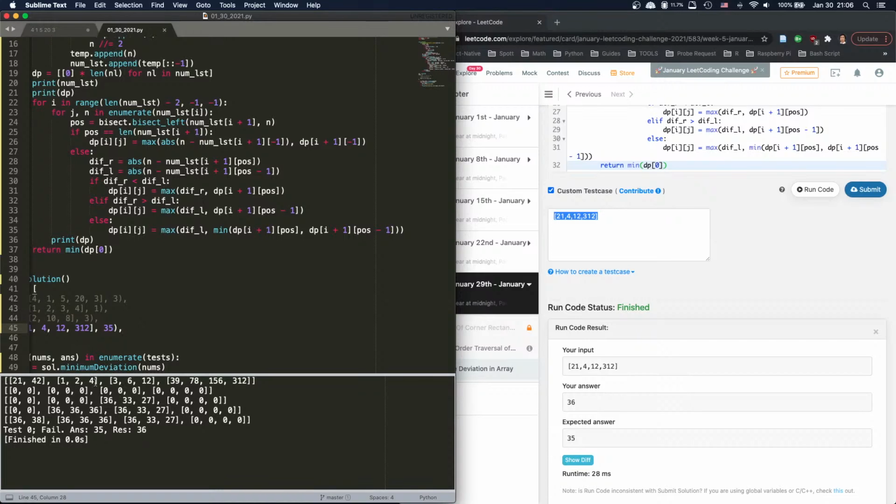Oh, before I go to 3, the 3 is 36, but actually 4 can reach an even smaller one. So are you saying that we need to record something else, not just the smallest? Yeah, so we have the smallest.